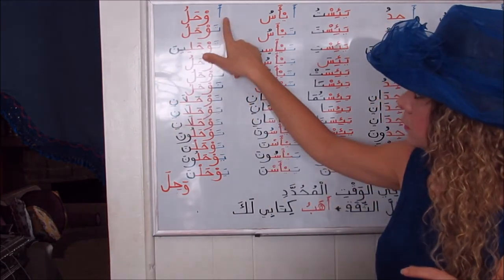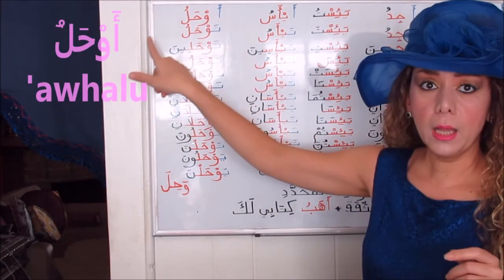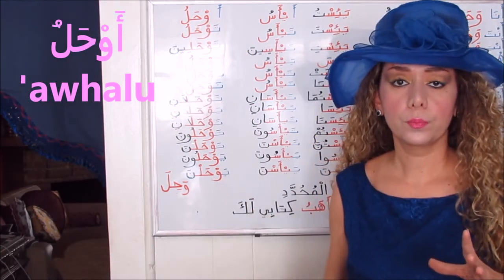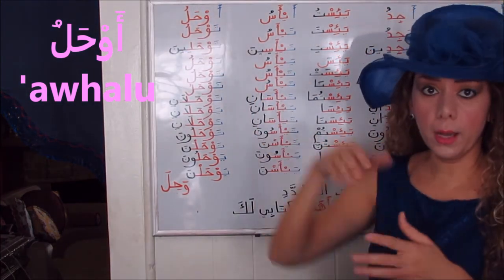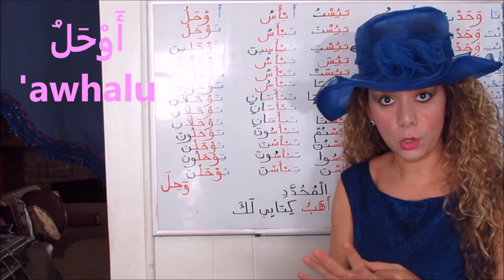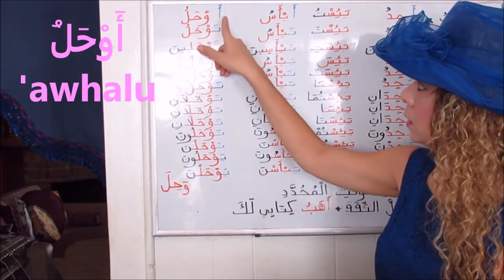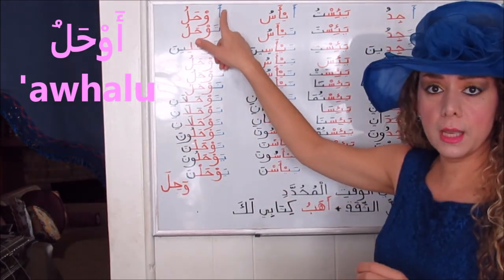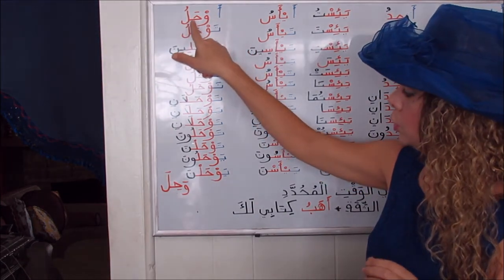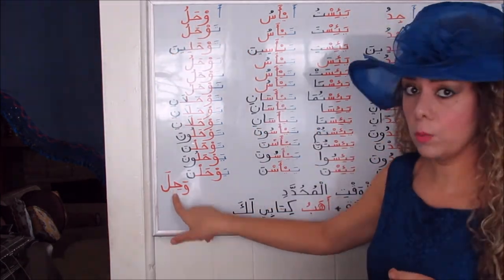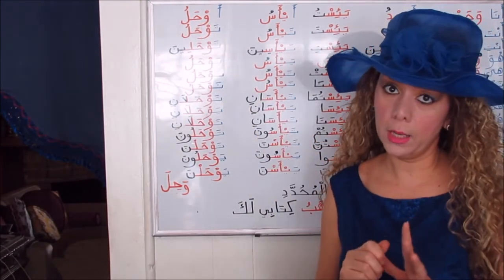Here, أوحل, أنا أوحل, okay? So the fatha of the waaw is gone, glides, and we keep the fatha of the prefix a, أوحل, and the stem vowel turns to a fatha, أوحل.